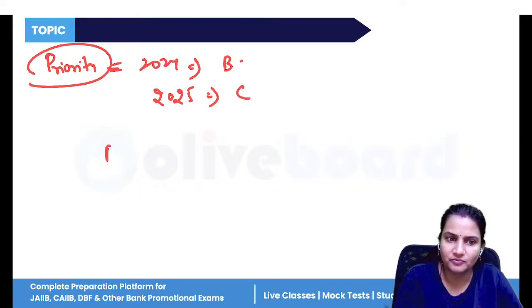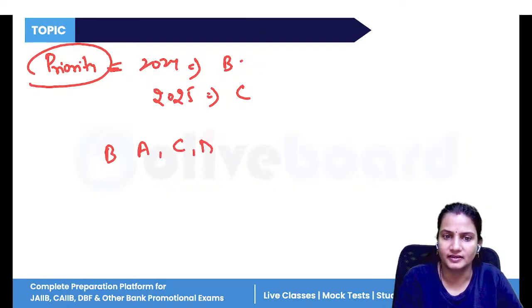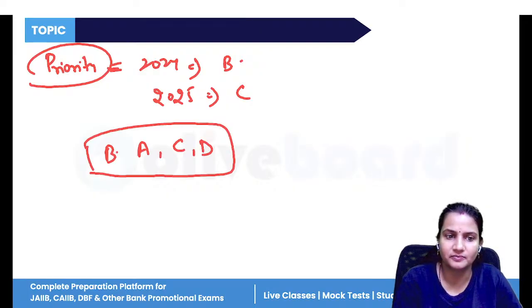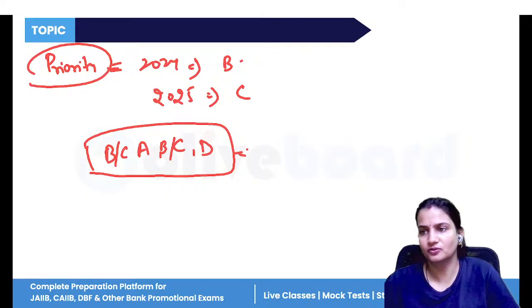So we can say module B, then module A, then C and D. It can rotate, sometimes B, sometimes C, sometimes B, sometimes C, like this. Okay, so this is the priority of your modules.